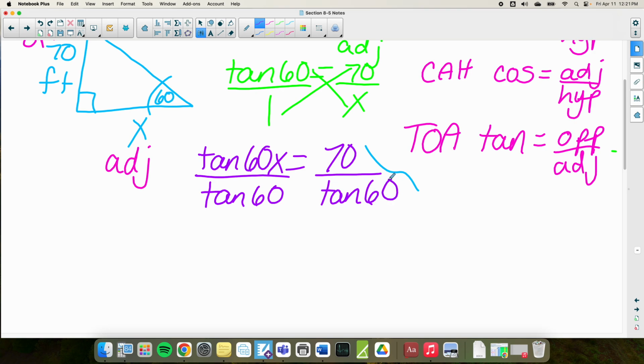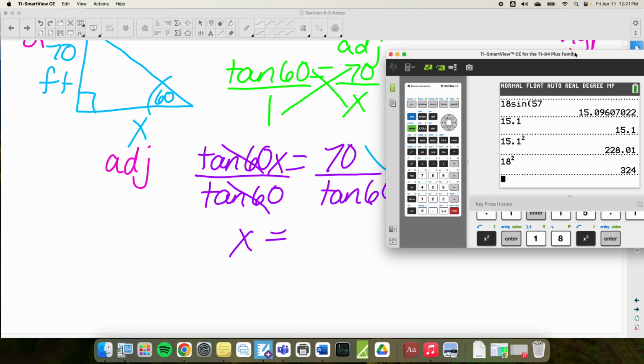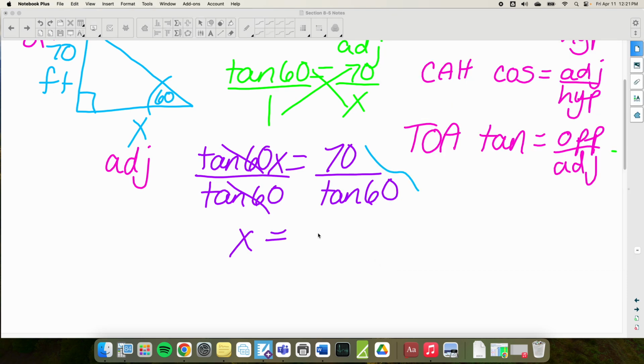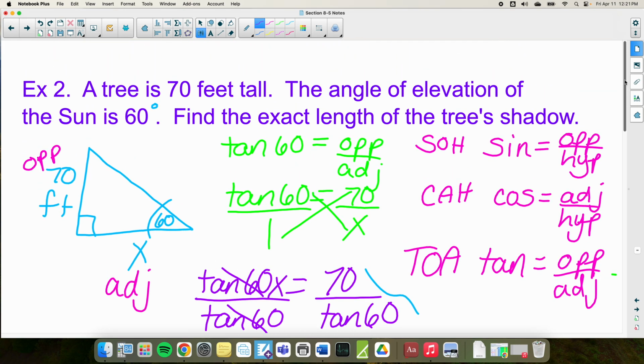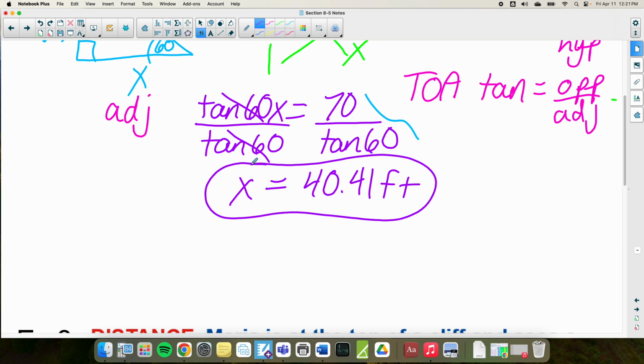Okay, so x equals 70 divided by tangent 60. Okay, and that's 40.41, okay? And that is my answer. And whatever units it said up here, that's what your units are right here. Okay, so that's my answer.